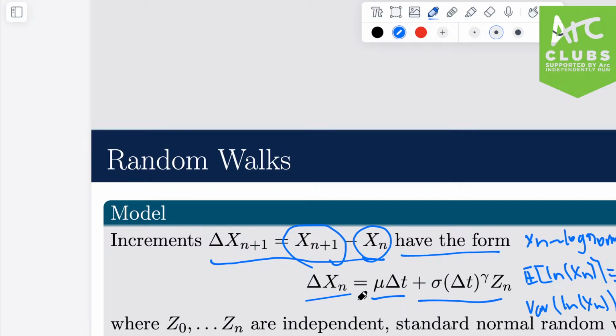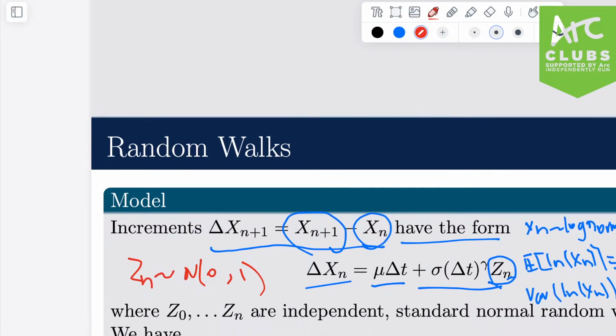So that's why the increment of xn will be mu delta t plus sigma times delta t to the power of gamma times zn, right? So zn is our standard normal. As for why xn is log normal, not normal, it's just because xn is a stock price, and a stock price can't be negative, right?